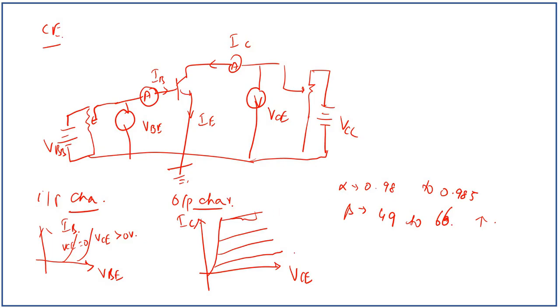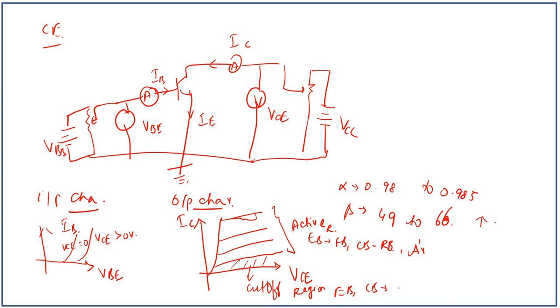In this curve, this region is called the active region, where the emitter base junction is forward biased and collector base junction is reverse biased, and the transistor works as an amplifier. This region is called the cutoff region, where both the junctions, emitter base and collector base junctions, are reverse biased, and it acts as an off switch.